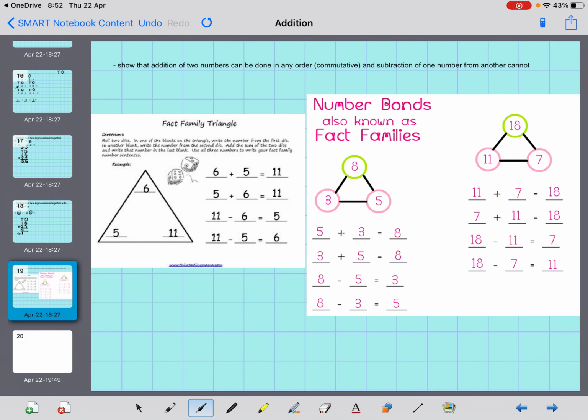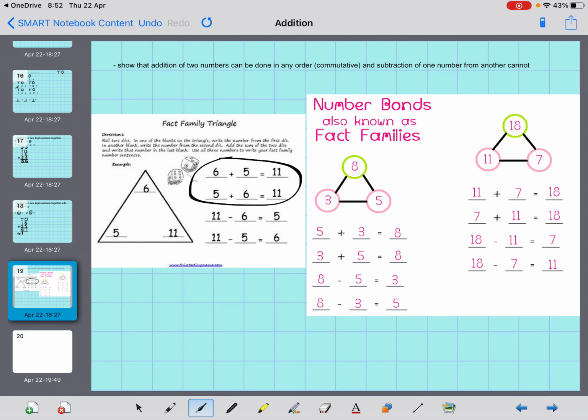We also look at practicing number families so that children understand and know inside out that we can swap around any numbers in an addition sentence and they will give us the same answer. For example, 6 and 5 make 11, so 5 and 6 make 11.